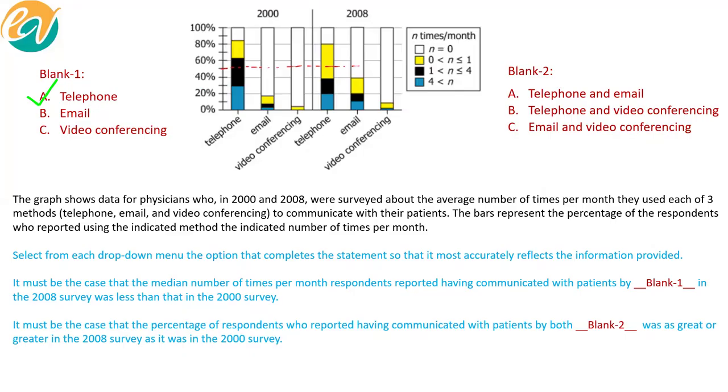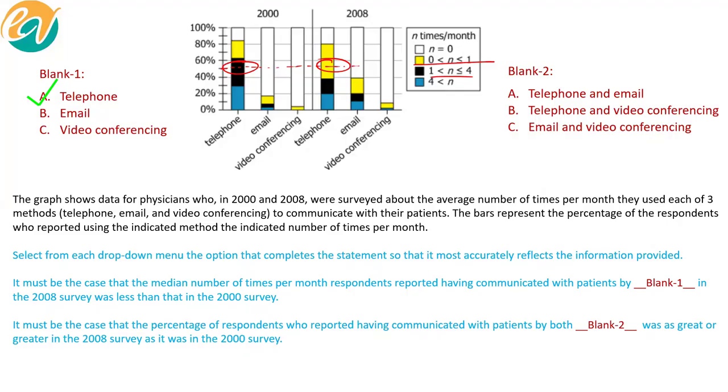This is the 50% line, correct? How much is it in 2008? The yellow mark, right? Which is between 0 and 1. How much is it in 2000? Absolutely, it's in the black zone, which is between 1 and 4.